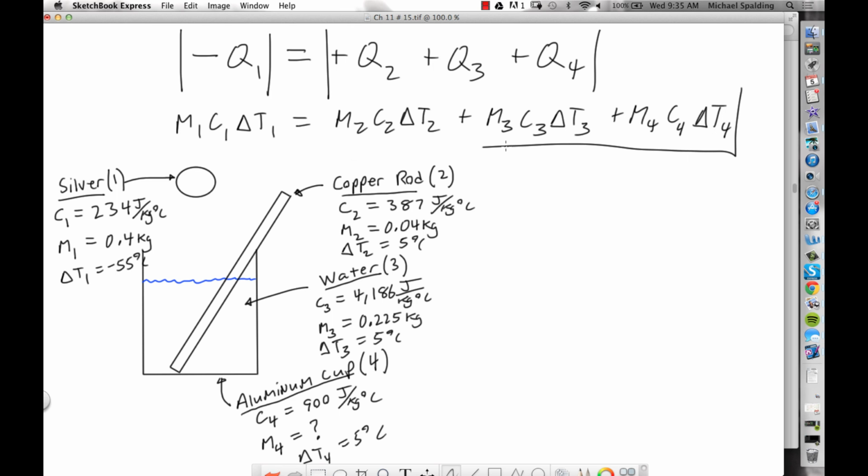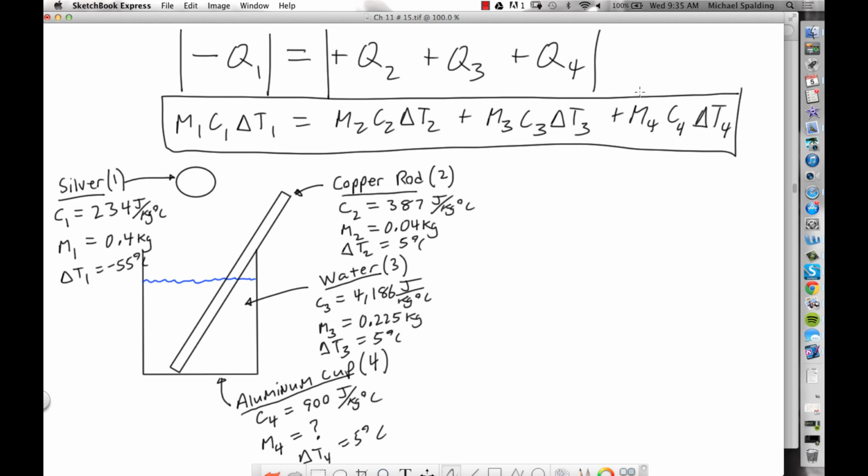The only thing we don't have in this equation is M4. I have this already calculated. I'm not going to bore you by having you watch me plug in the numbers, but this value comes out to be 5,148. This one comes out to be 77.4.